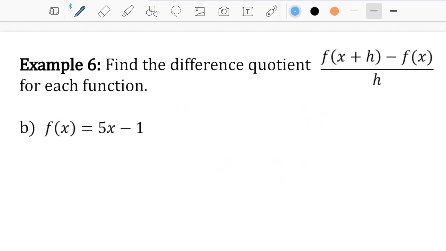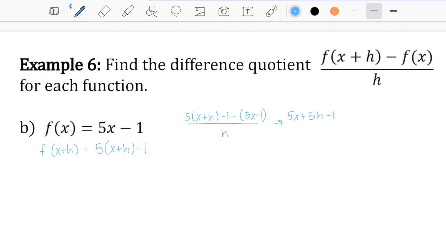Let's try again with the function 5x minus 1. So first I'm going to find f of x plus h, which is going to be 5 times the quantity x plus h minus 1. And now I'm going to put both of those into my difference quotient. 5 times x plus h minus 1 minus, in parentheses, because that whole portion is negative, all of f of x is negative.